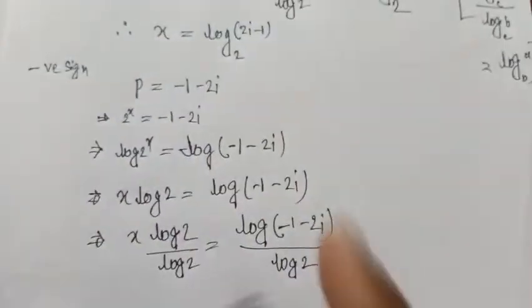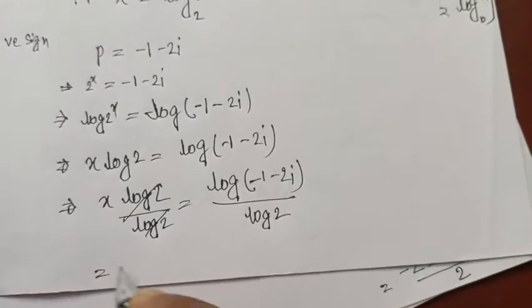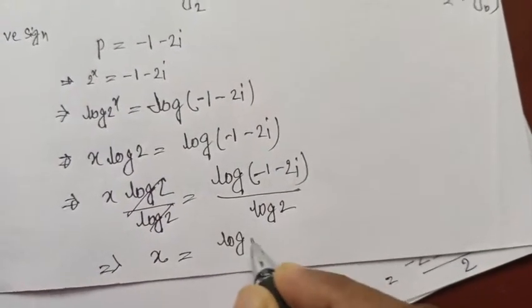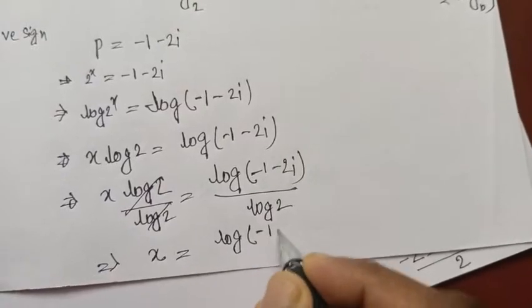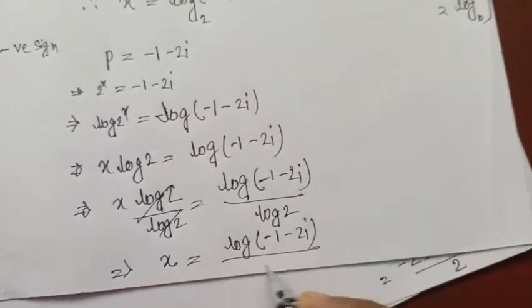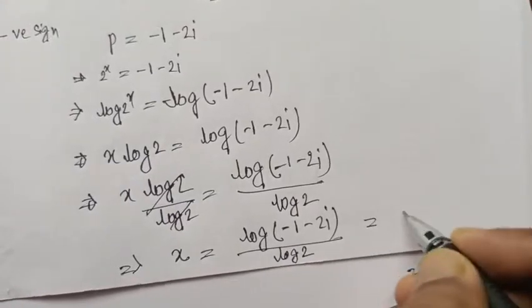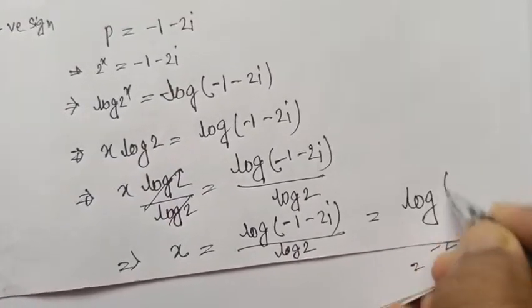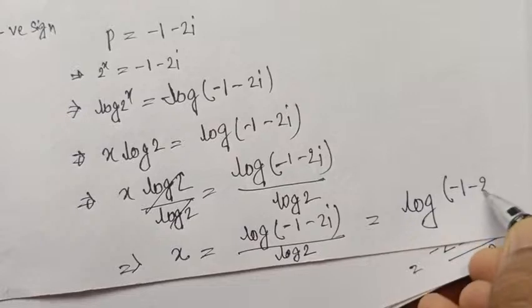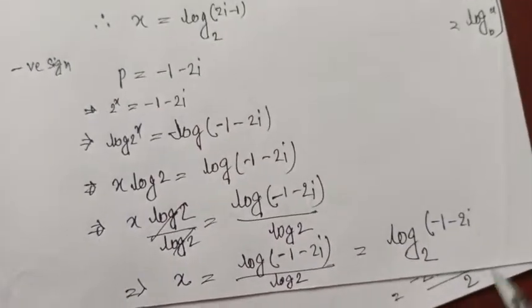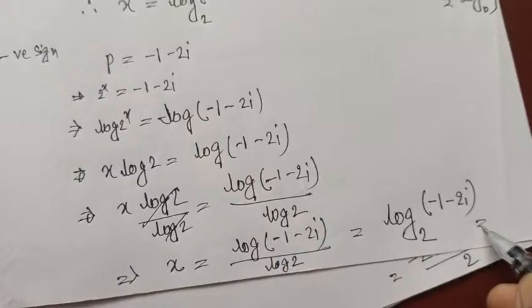We cancel it, and it becomes x is equal to log of minus 1 minus 2i by log 2, again log of minus 1 minus 2i base 2. This is the second answer.